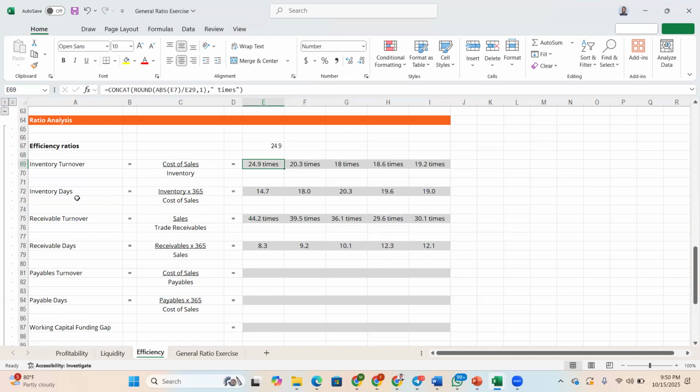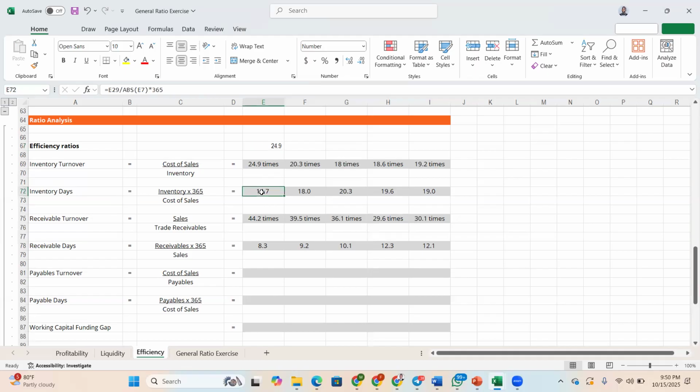So I'm trying to explain the relationship between inventory turnover and inventory days. Your inventory turnover is 365 divided by inventory days. What the inventory turnover is telling us is how many times we will replace our inventory in a year. So your inventory days is 14.7.